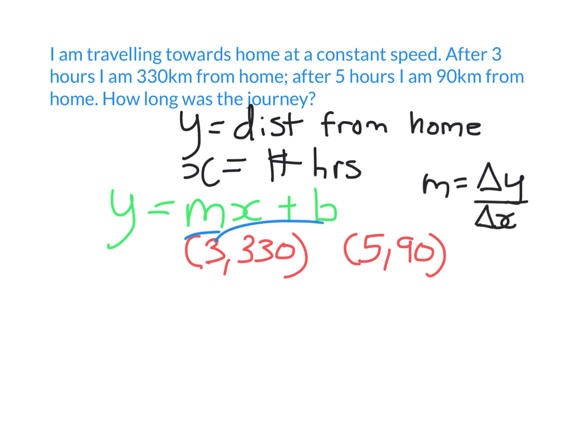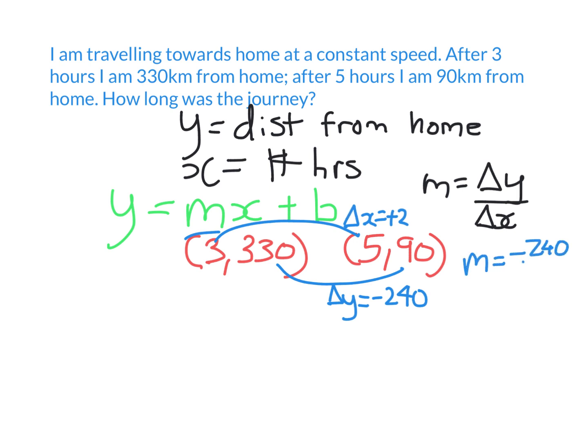So here, x has gone up by 2, whereas y has decreased by 240. So the gradient, change in y over change in x, is equal to negative 120.